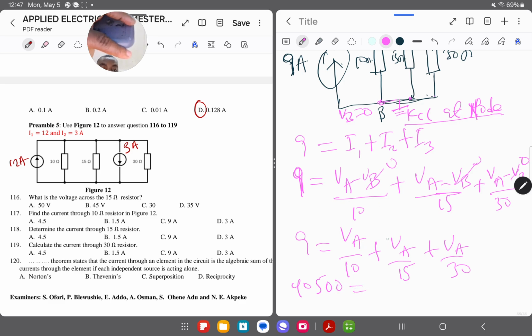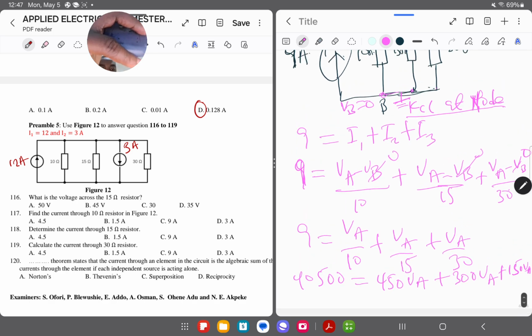Here, remember, will just be 15 times 30, so that will be 450 VA, and here will be 300 VA, plus the other one, which is 150 VA.